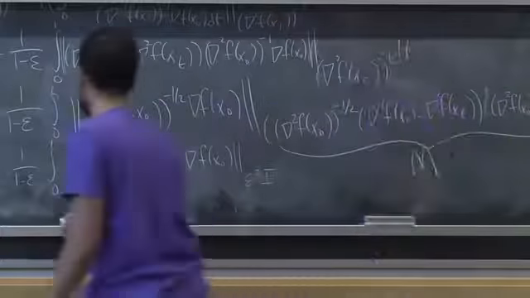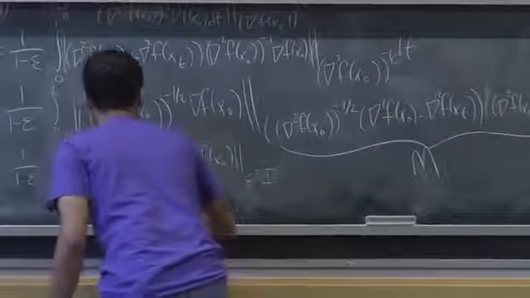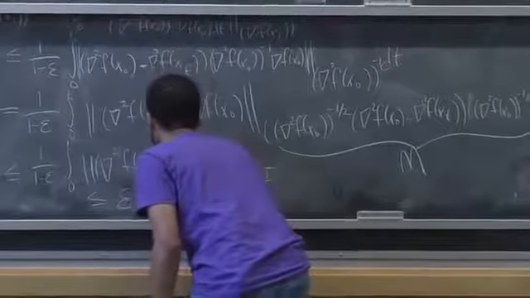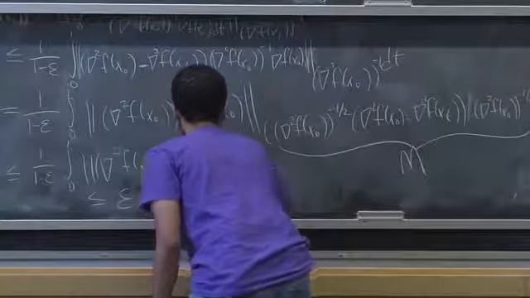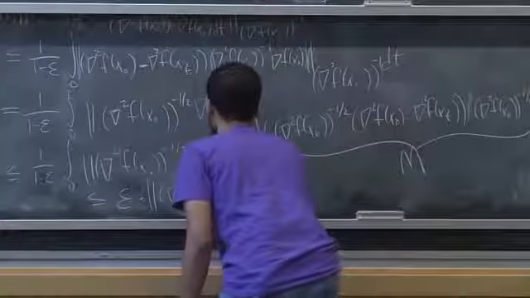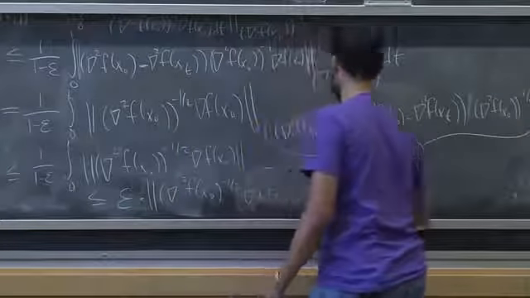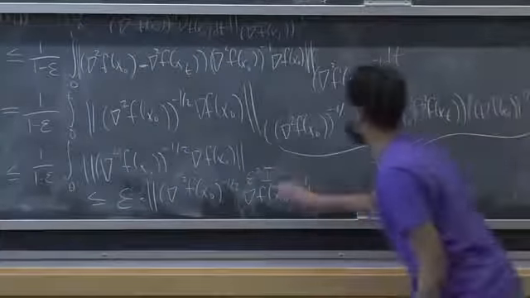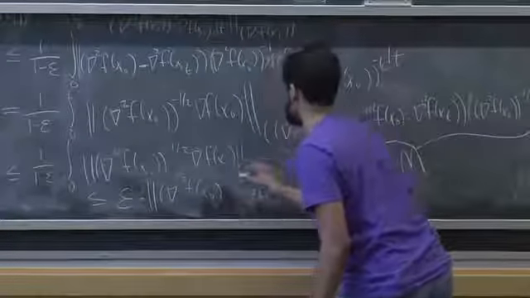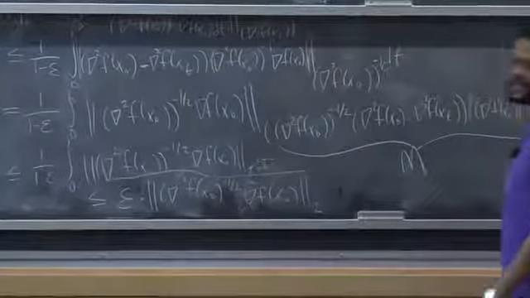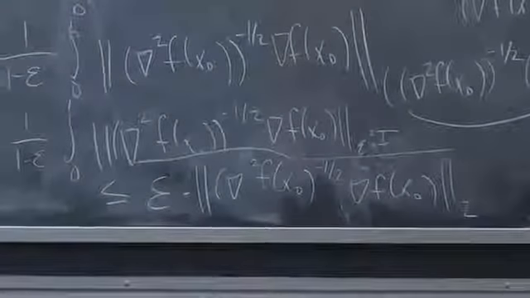So this is at most epsilon times the normal L2 norm of this thing. But what's the L2 norm of a vector z? It's z transpose z.